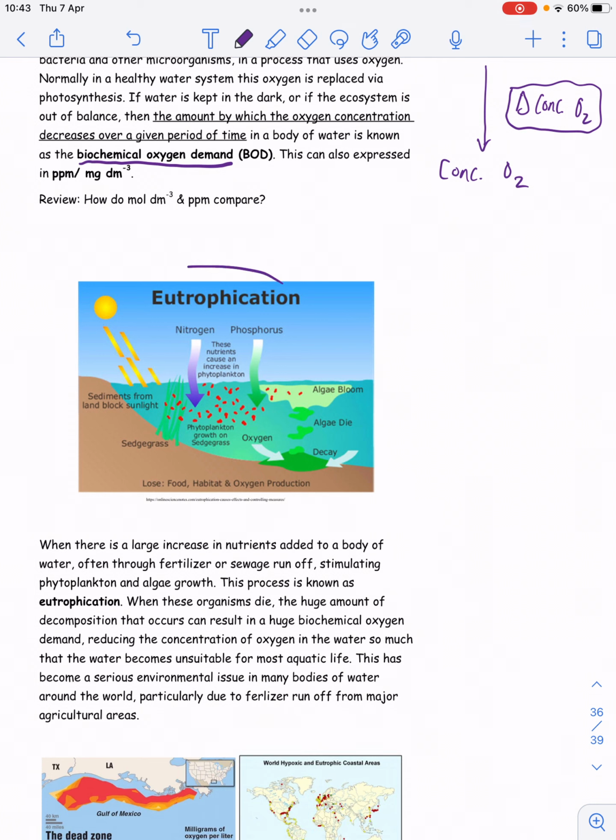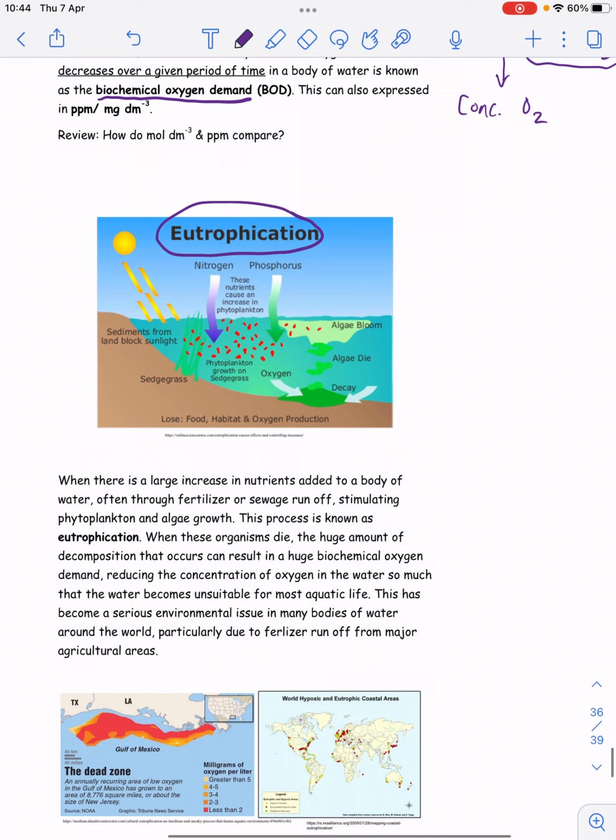Now, at the same time, the IB brings up the topic of eutrophication. It actually is a very important concept to be aware of. It's related especially to fertilizer use. Eutrophication happens when we overuse things like nitrates and phosphates in our fertilizer, and those dissolve in water and end up in bodies of water, like oceans, or they could be lakes, but usually this is in oceans where rivers are dumping into them.